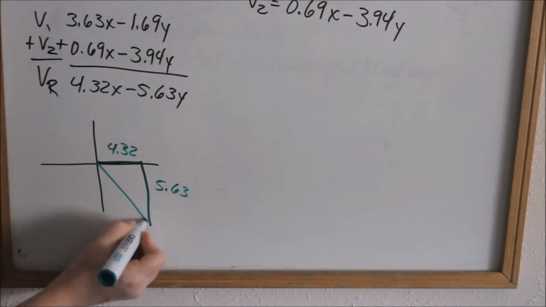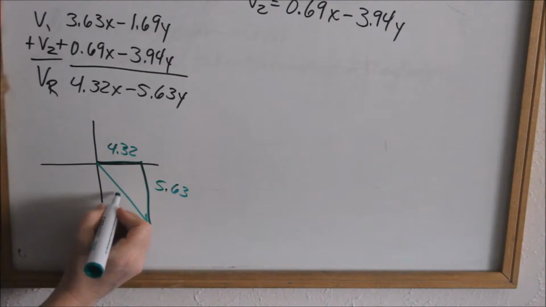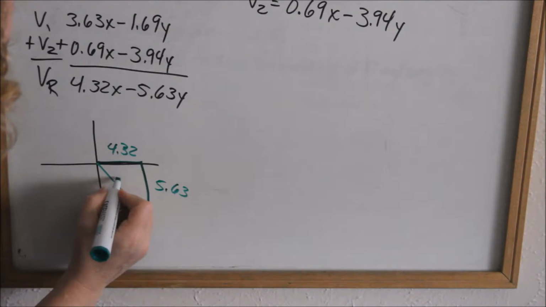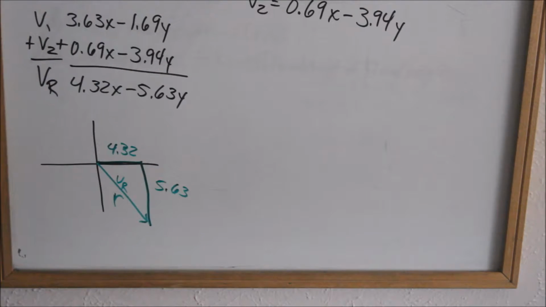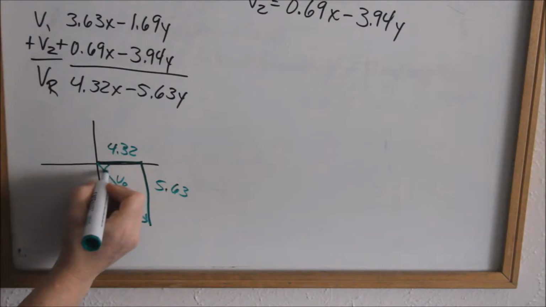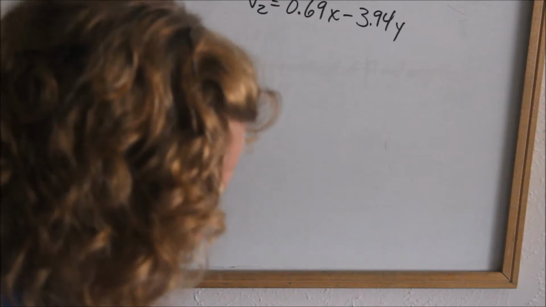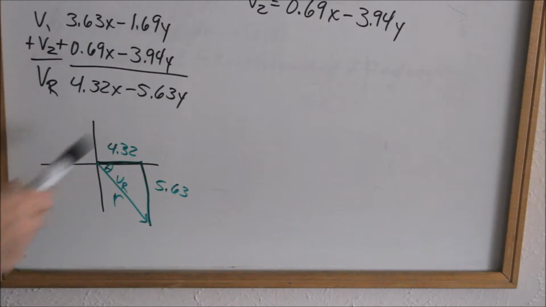Starting at the origin here, that will give us the r value of our resultant vector. This line right here, the hypotenuse, represents our resultant vector. Then we also need to find our theta value, because what we're doing is taking these rectangular coordinates, an x and y coordinate, and now converting those into an r and theta, okay?